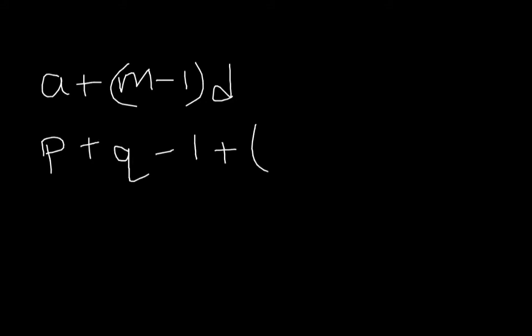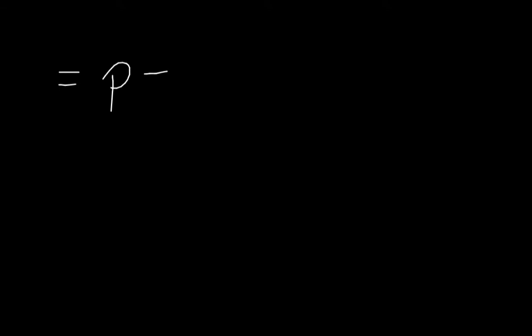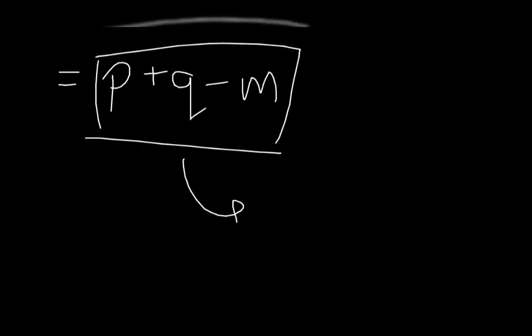D is minus 1. So my into minus 1 will be nothing but P plus Q minus 1, minus m plus 1. The 1 gets cut. So my answer comes out to be P plus Q minus m. That's my answer.